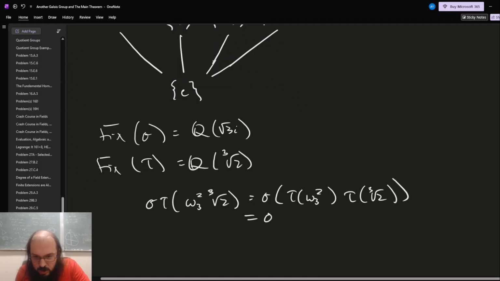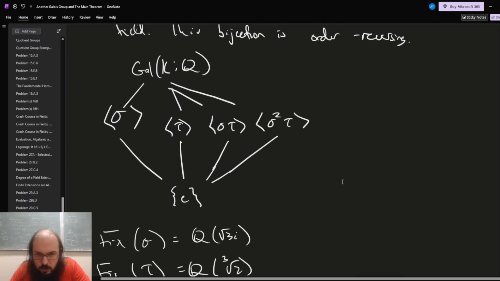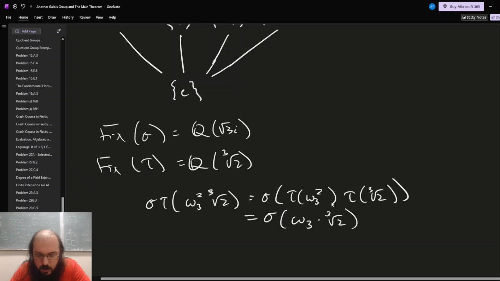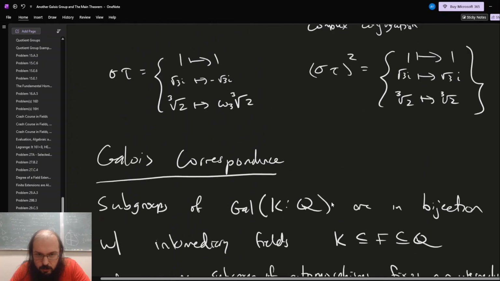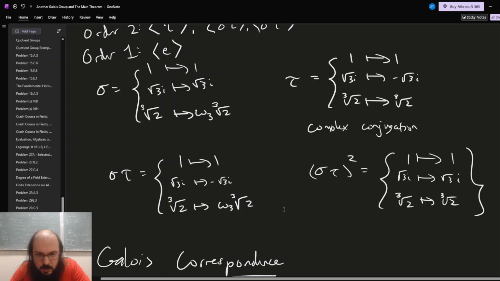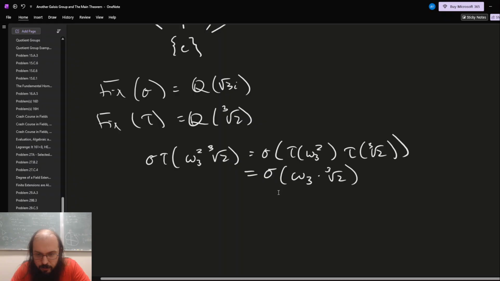Tau is complex conjugation. We already saw that that gets us back to omega 3, right? Because complex conjugation is an involution. And this thing fixes itself, right? Tau fixes that already. And then sigma of omega 3, what did that one do? I forgot. Sigma fixes omega 3 because it fixes the 1/2 and the square root of 3i individually.